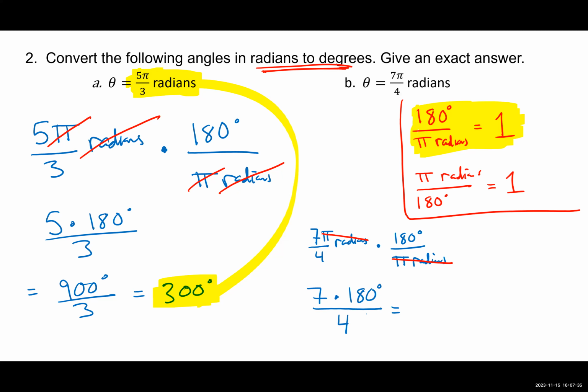And we could simplify this. 7 times 180 is going to be 1,200 and something, 1,260.